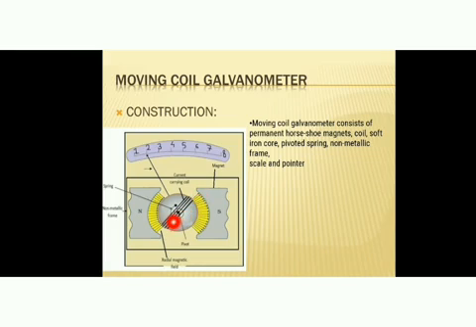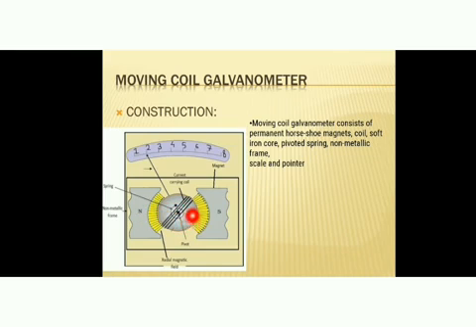So that's why a soft iron core has been introduced inside the coil. Now, one end of the rectangular coil is attached to a spring, and that spring is pivoted or fixed at a point.